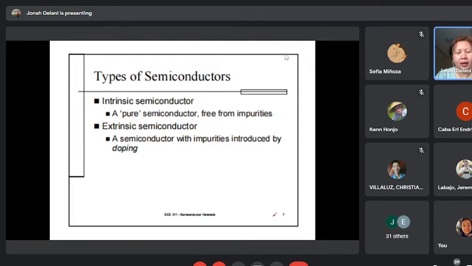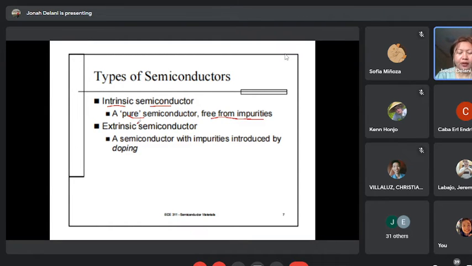So when, for example, a semiconductor consists only of silicon, we call it an intrinsic semiconductor. It is a pure semiconductor, free from impurities.